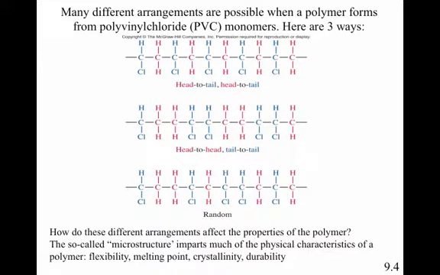But if you look at vinyl chloride, where you've taken one of the hydrogens and added that chlorine, you do have a left and a right, if you will, or a head and a tail. And you can polymerize them in different ways: head to head, tail to tail, head to tail, or just random. This microstructure does give them different properties. I'm not going to worry about this, but just want to let you know.